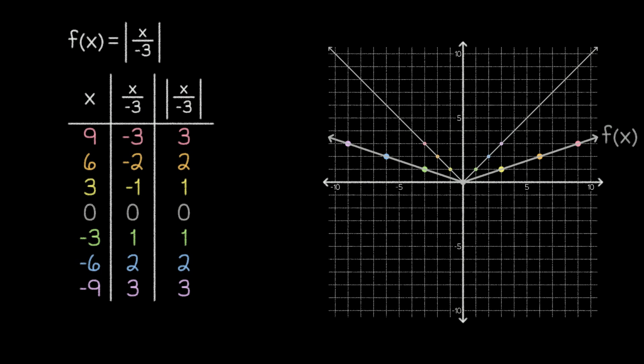One last item of note about this function: while we could think of dividing by -3 as a single transformation that reflects and dilates at the same time, we can also just as easily break those transformations apart, both in our heads and in the way we write the function.